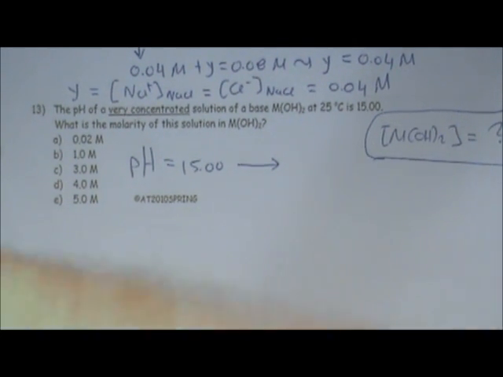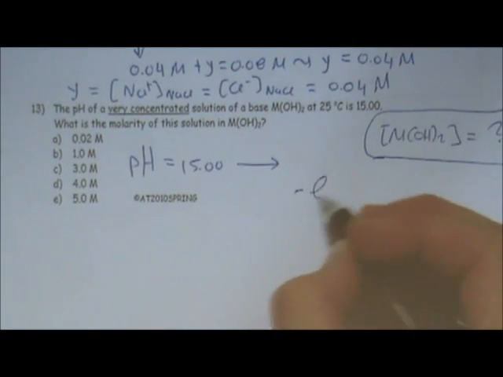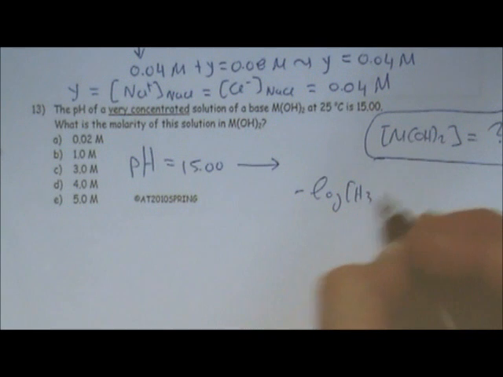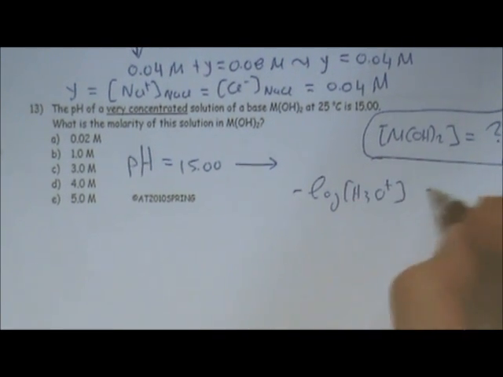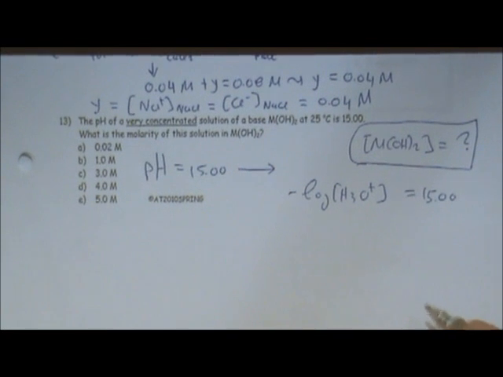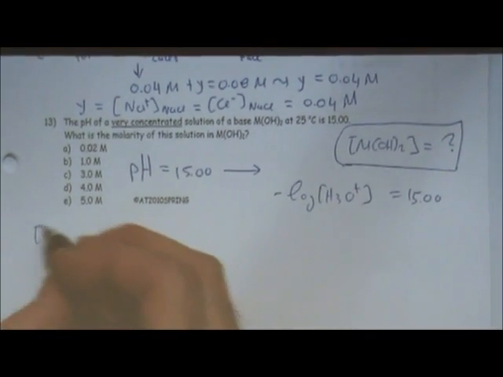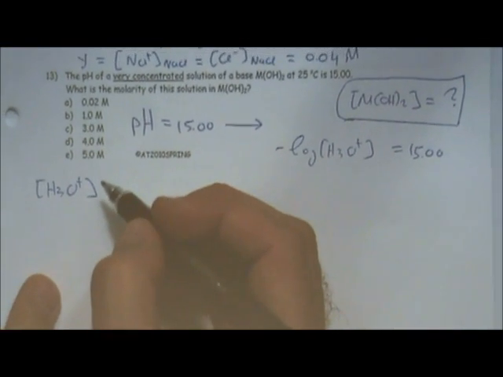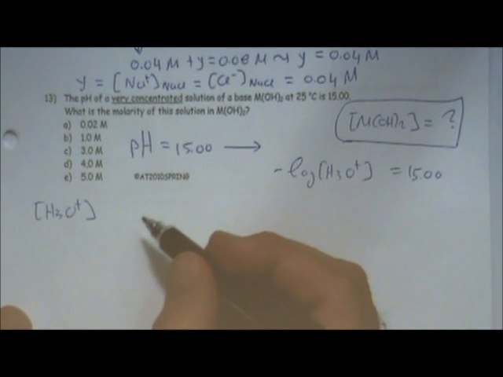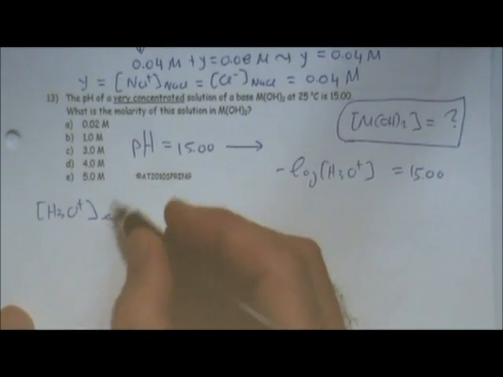I know pH. When I know pH, what do I know? I know that this is minus log of the concentration of hydronium ions. That's 15. Well, that means I can solve this equation very easily with my calculator, and then I have the concentration of hydronium ions. That's concentration at equilibrium total.